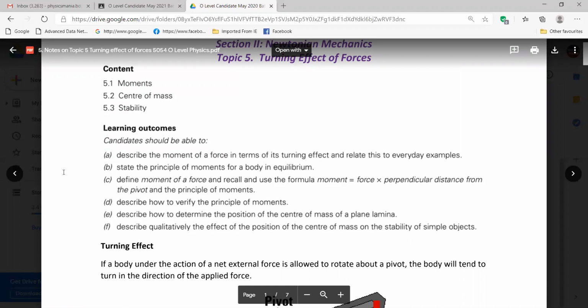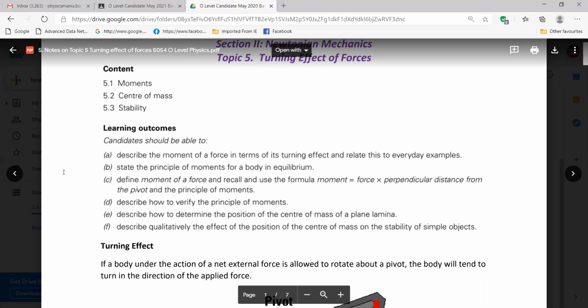Okay, so turning effect of forces, that means if you apply force on an object which can turn about a pivot, that object will show you turning effect of forces. There should be one pivot, and about the pivot you can turn the object. This turning effect of force is also known as moment.